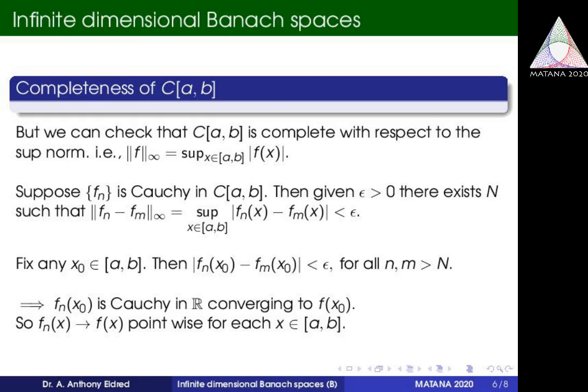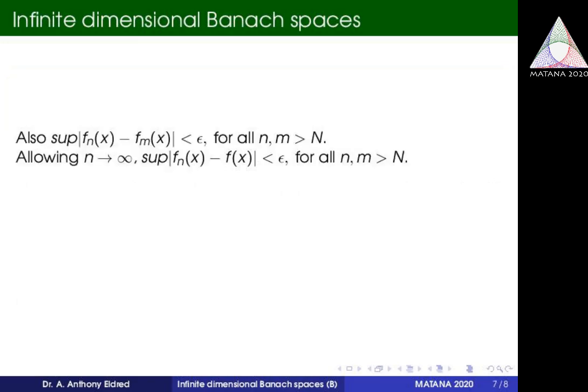This we can do for each x0 in [a, b]. Therefore it tells that fn(x) converges to f(x) pointwise for each x belonging to [a, b], where f(x) is defined as the limit of each fn(x).